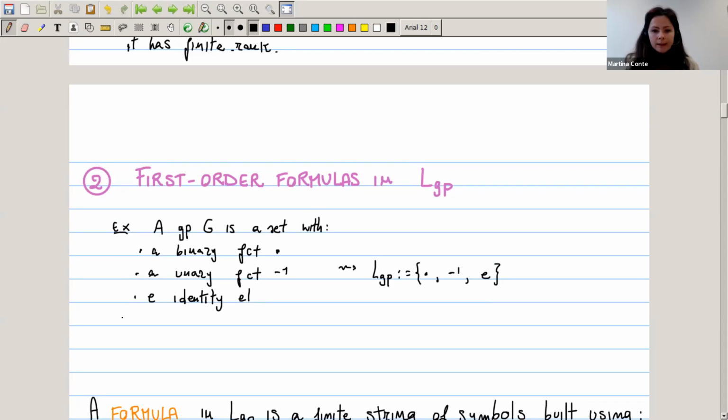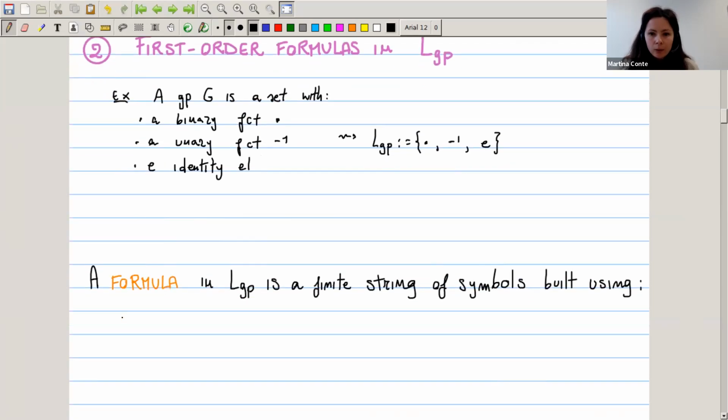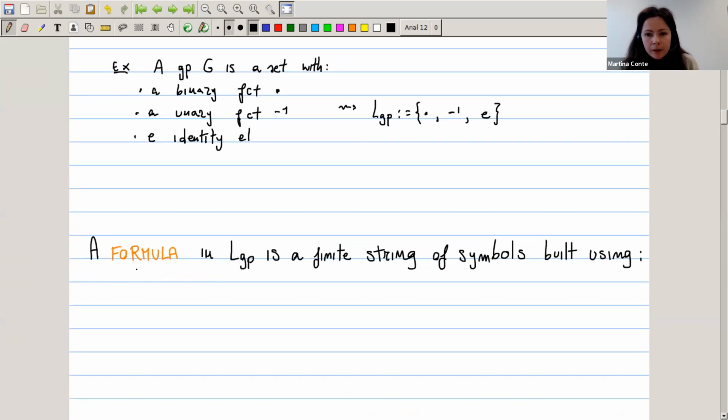So what is now a formula in this language? A formula in the language of groups is a finite string of symbols that is built using symbols from our language, so one of the three symbols in the language of groups.